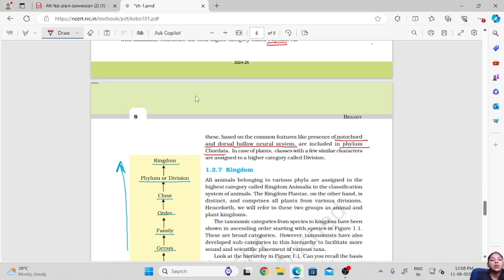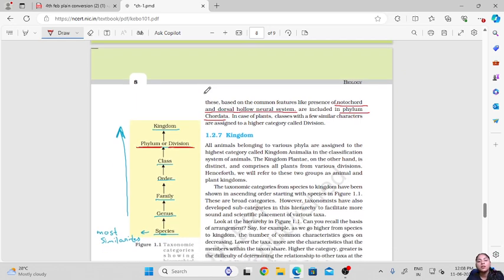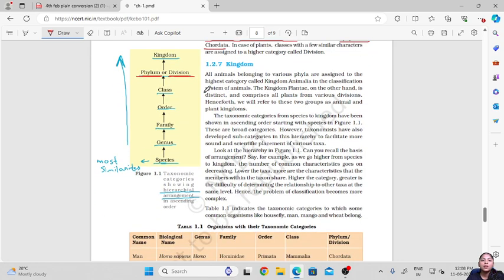Now this word, that is phylum, is used mostly in case of animals, whereas in case of plants the term that is used is called division. Now the final category which we have is called kingdom. Okay, so all the animals belonging to various phyla or various divisions are assigned to the highest category called the kingdom.